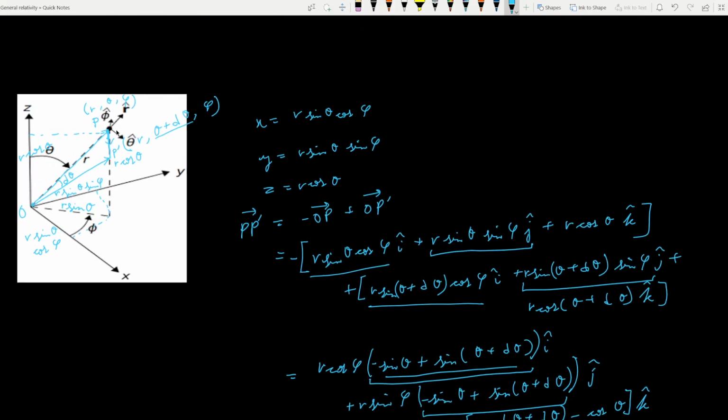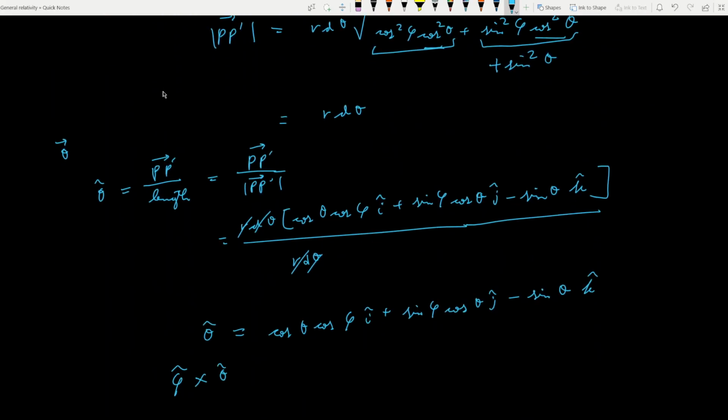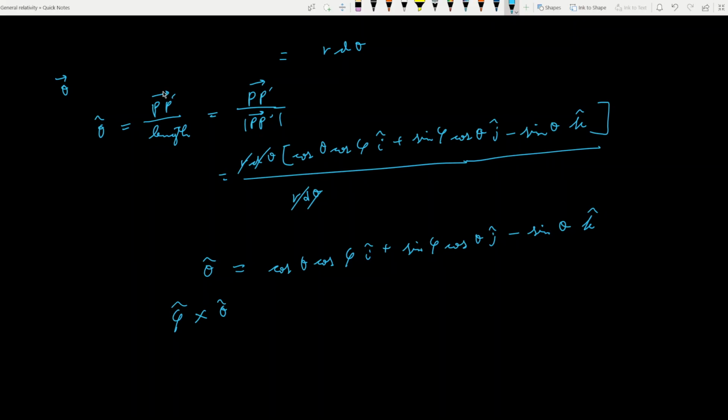Because notice that φ̂ and θ̂, when we do the cross product, give a unit perpendicular vector that is pointing in the r̂ direction. So we can just do the cross product.